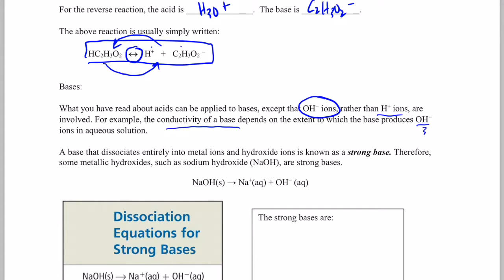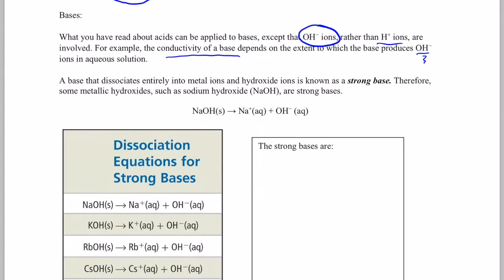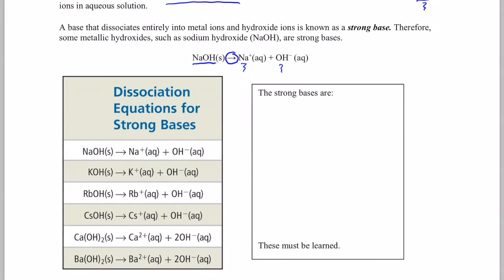That means they don't produce lots of hydroxides. So there are some strong bases. The classic example is sodium hydroxide. When I place that in water, notice the arrow goes one way. This goes to completion. We form lots of sodium ions and hydroxide ions.